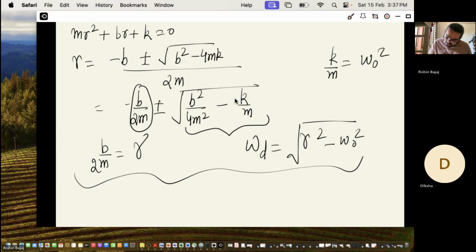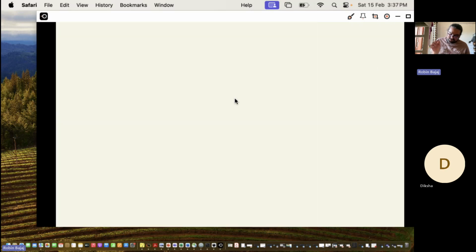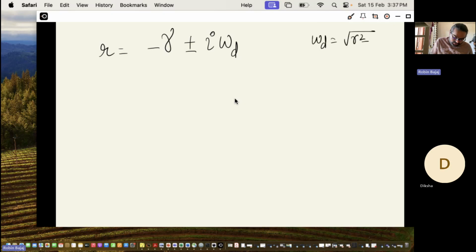Perfect. Let me add one more page because this is a long derivation. Perfect. So now what will my solution be? R is nothing but minus gamma plus minus iota omega damped, where omega damped is the square root of gamma square minus omega naught square.